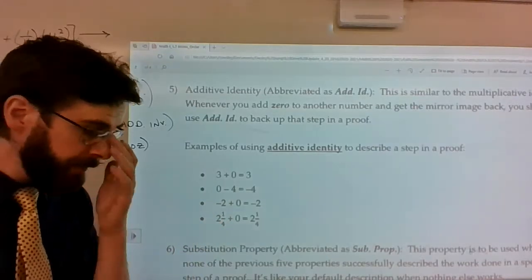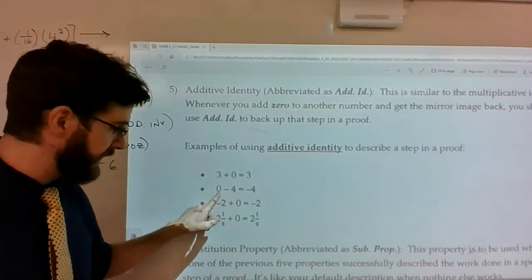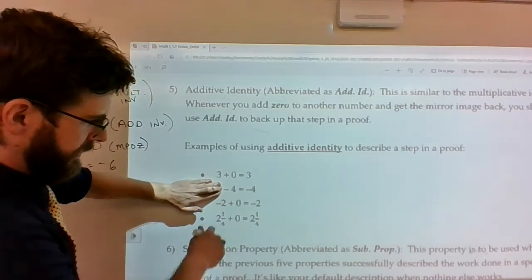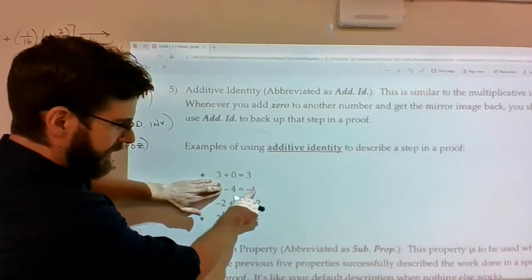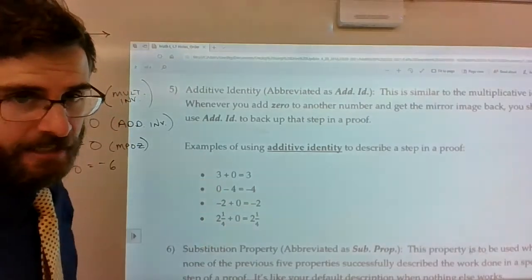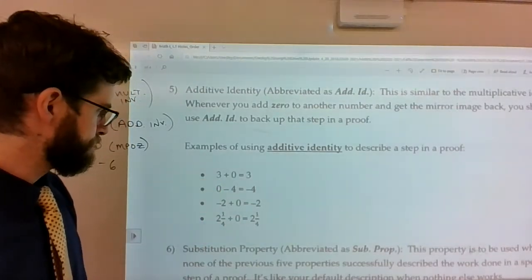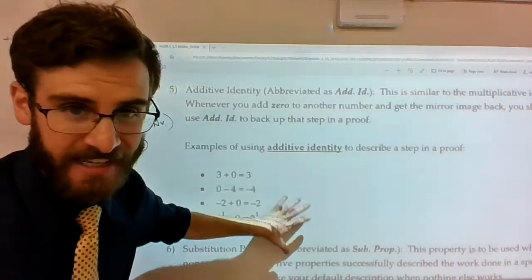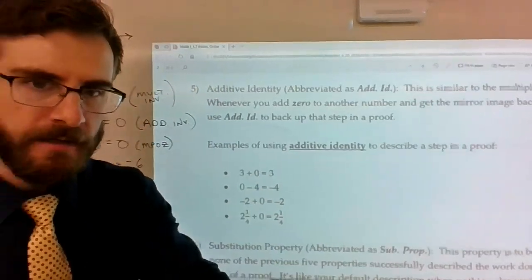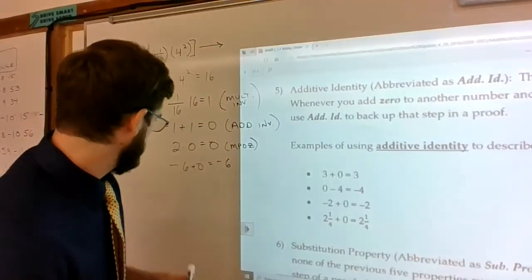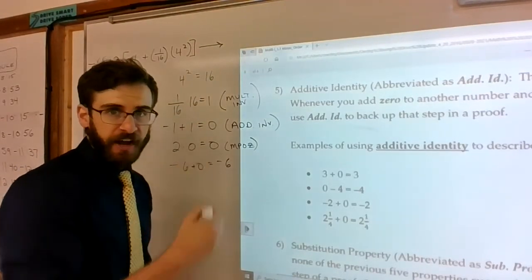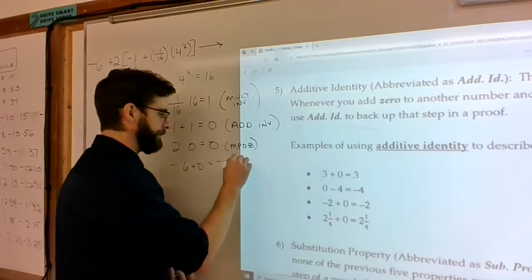Or 0 could be the starting point, and it's like subtracting 4. If you get the number -4 back, that's using the additive identity. Because I'm running out of time a little bit, I'm not going to rewrite additive identity 4 times. But when you check out this proof, -6 plus 0 equals -6. The justifying property is additive identity.